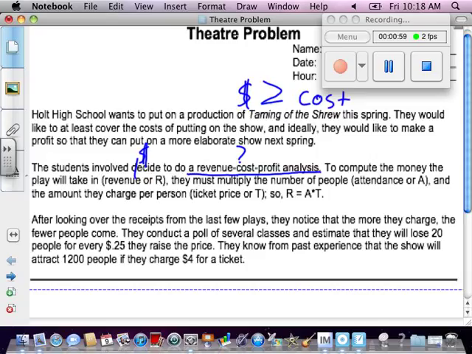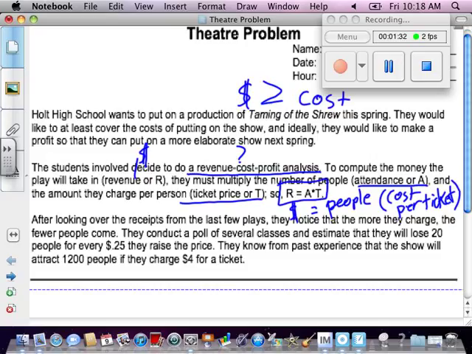They must multiply the number of people in attendance, or A, and the amount they charge per person, ticket price, T. So our equation is revenue equals A times T, or the total amount of money we make equals people times cost per ticket.